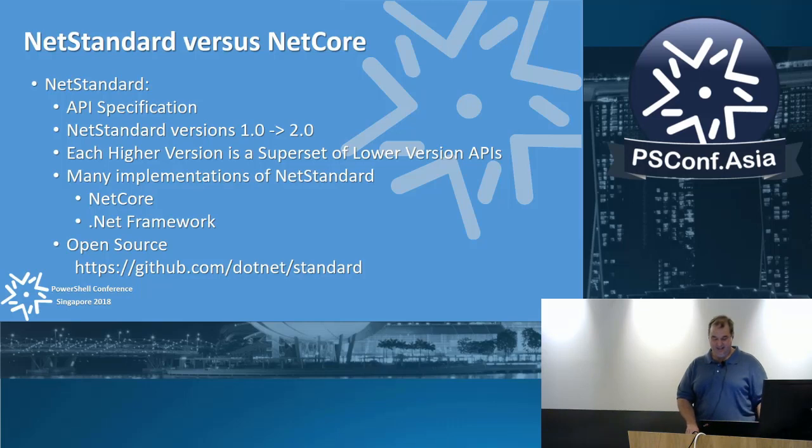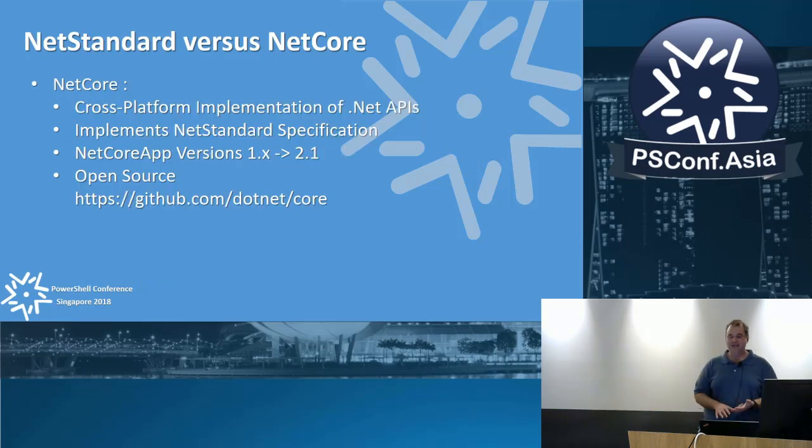And just like lots of things at Microsoft, which is great to see, it's open source, so you can go to the .NET organization on GitHub and go to their standard repo and see everything about .NET Standard that you need to know. .NET Core is an implementation of .NET APIs, and it implements the .NET Standard specification. So different versions of .NET Core implement different versions of .NET Standard, and it's also open source.